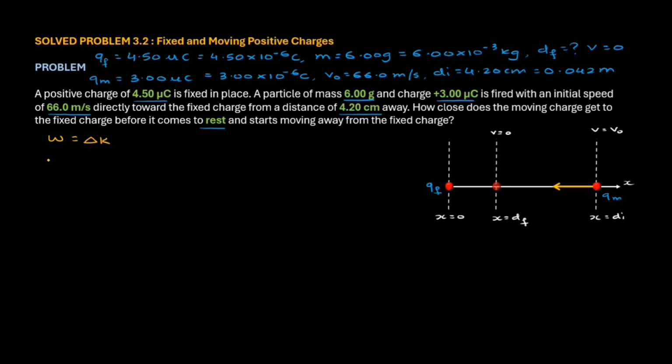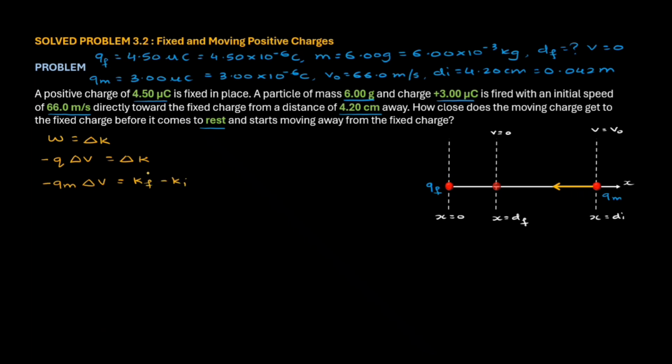We know that work done can be written as negative Q delta V, that is equal to delta K. Negative Q delta V is nothing but the potential energy of the moving charge. So this Q I will write as Q moving, delta V. Delta K you can write as K final minus K initial.